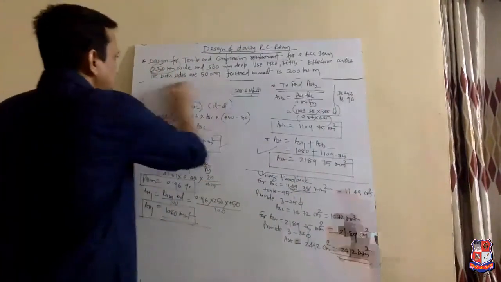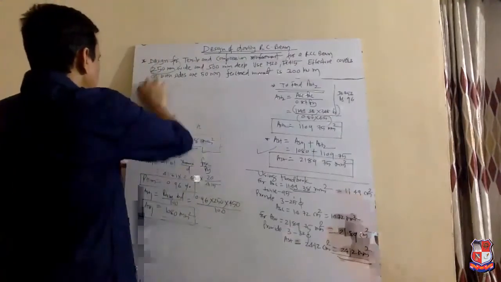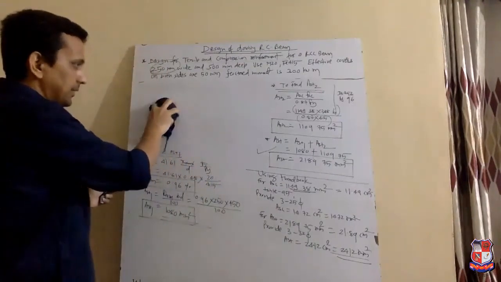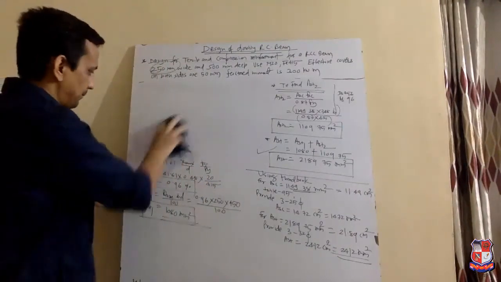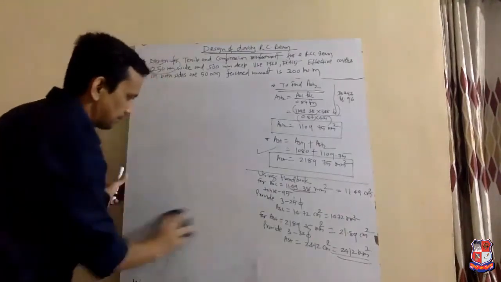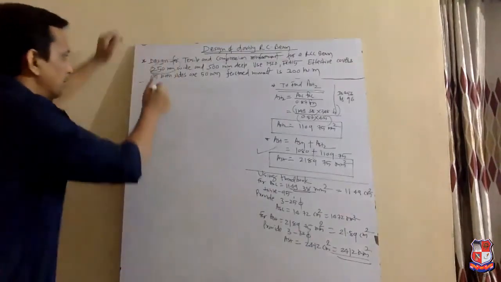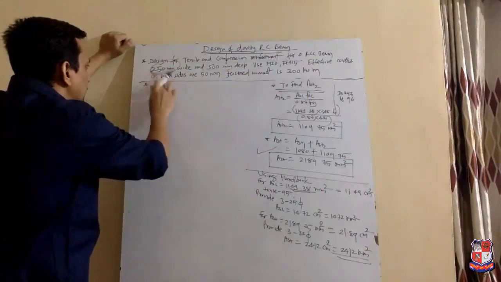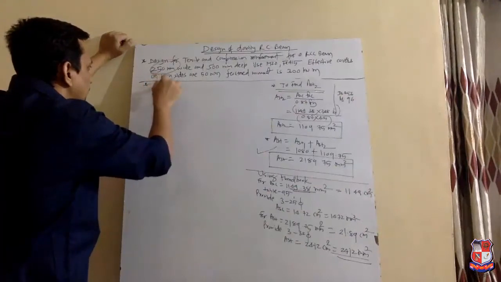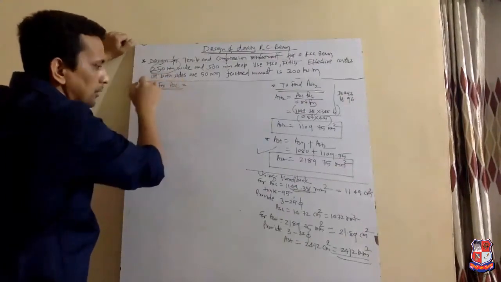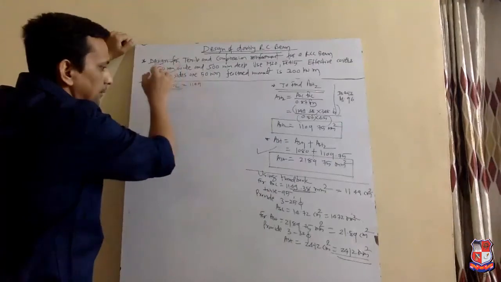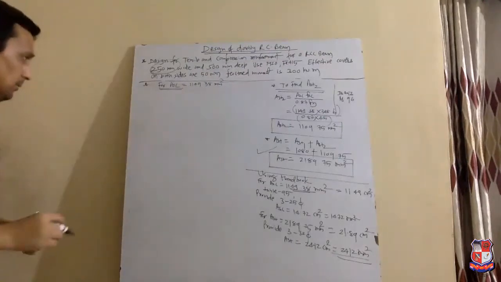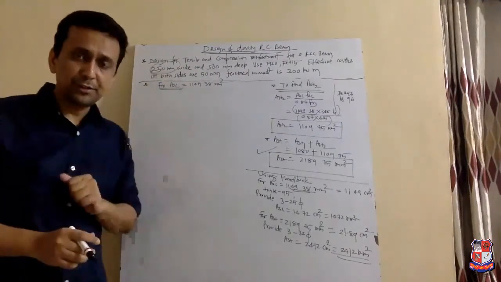Now, in the absence of the handbook, how can we provide the reinforcement? Let's see that first. For ASC equal to 1149.39 mm square, what is the equation of area?